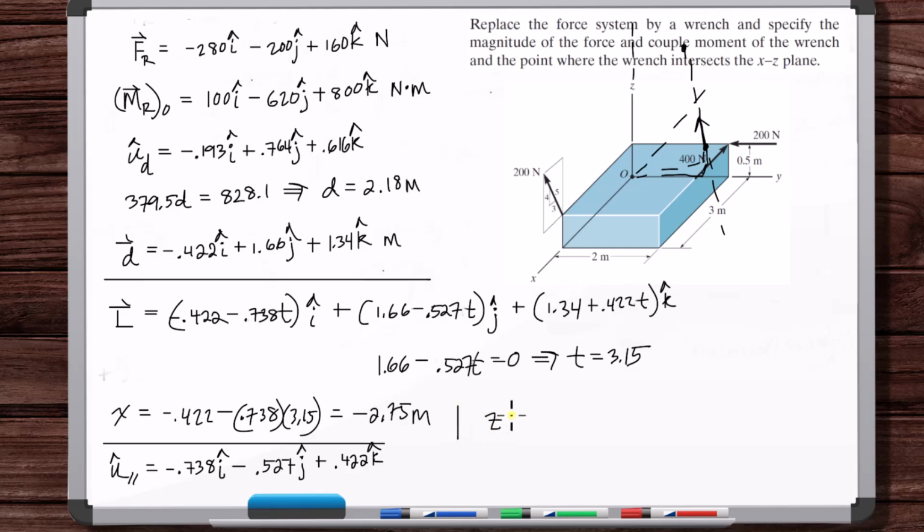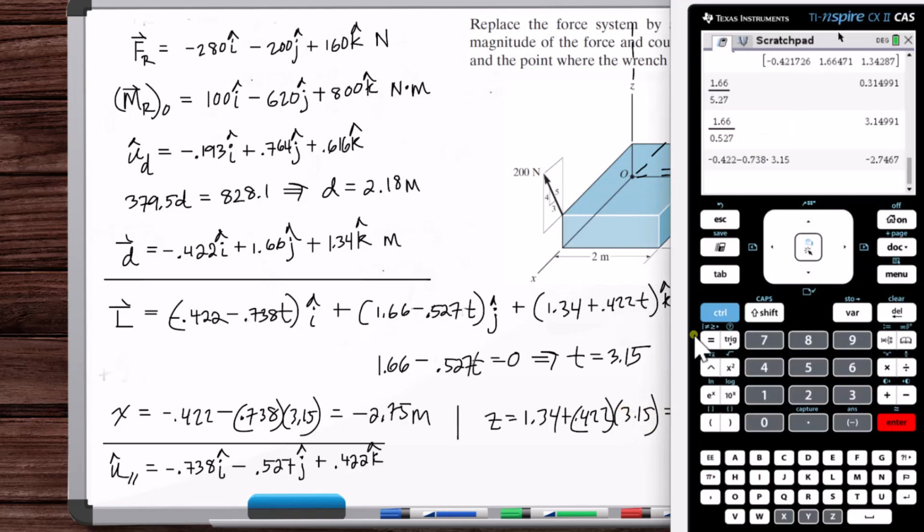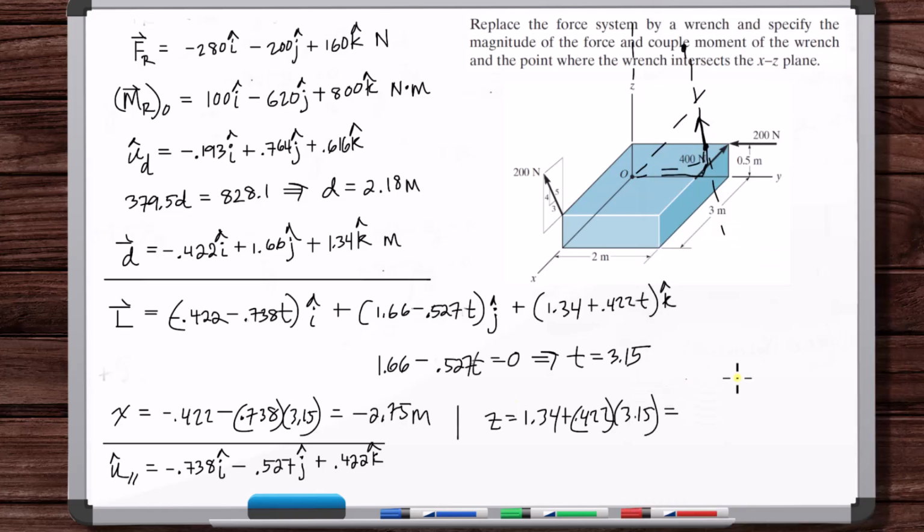Okay, z is equal to 1.34 plus 0.422 times 3.15, positive 2.67.